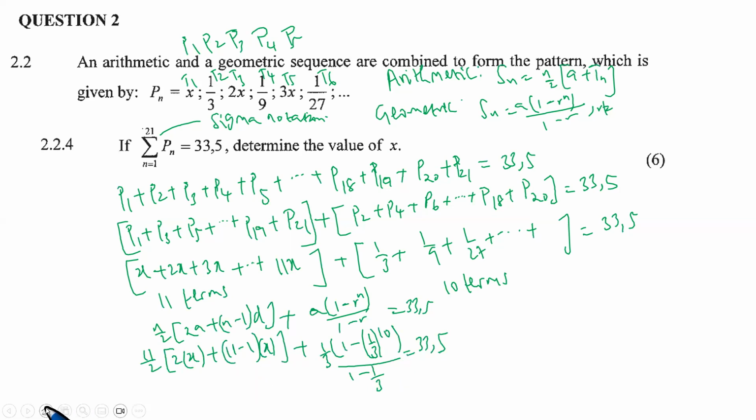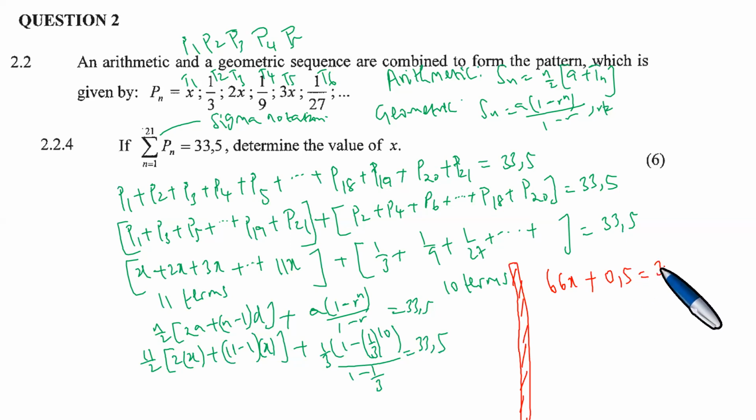Let's continue and conclude the calculation right now. What is the final answer to this? If you add all these things here, they're going to be 66x. If you calculate all this, this geometric sum is 0.5, and this is 33.5.